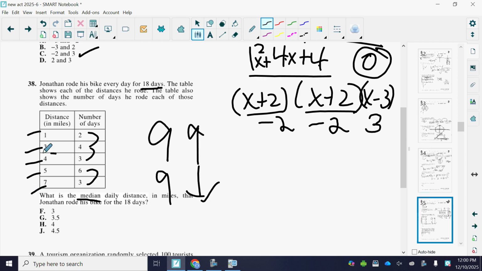So where's the median? It's right here, right between 4 and 5. 4.5. Okay?